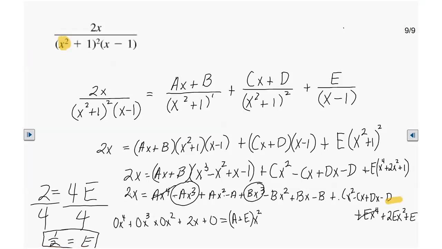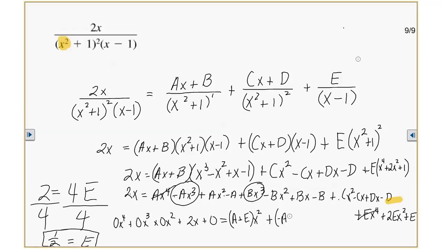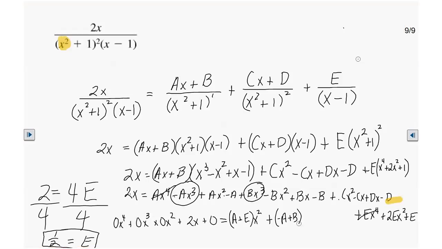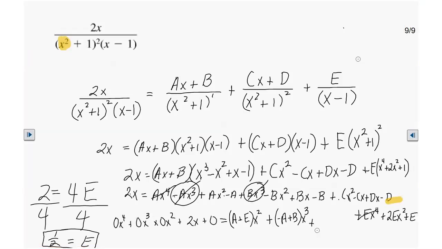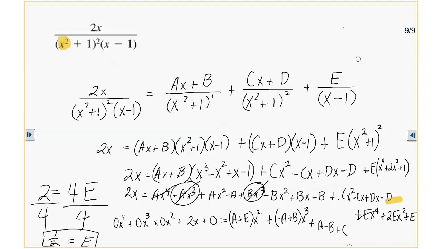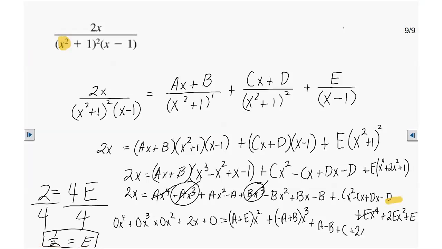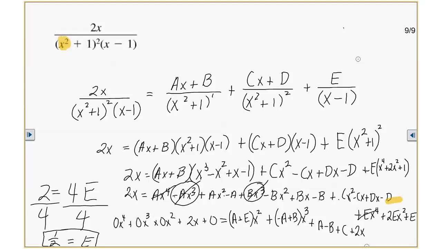So plus negative a plus b to the x third plus a minus b plus c plus 2e x squared.